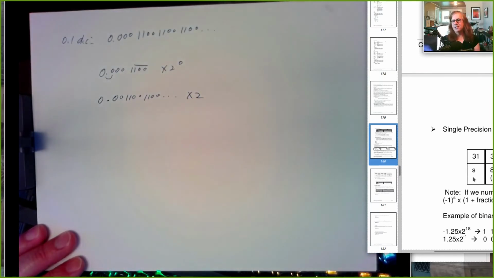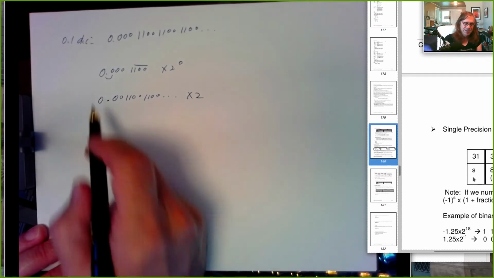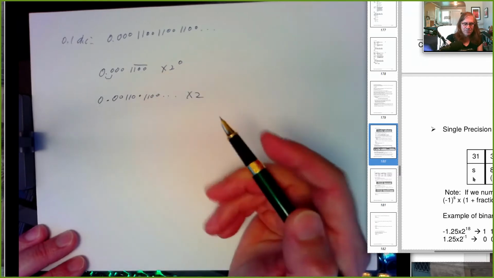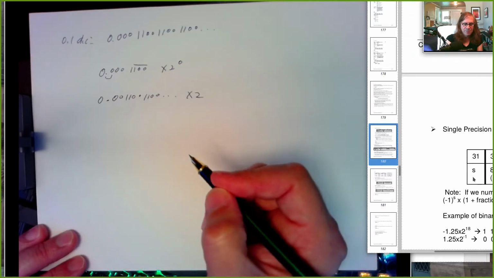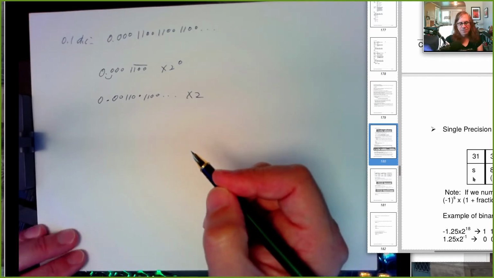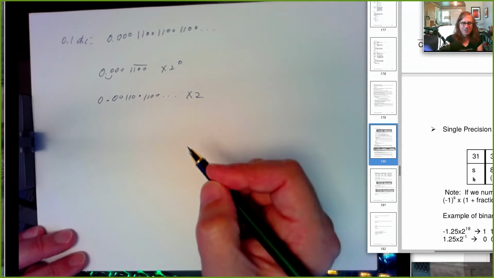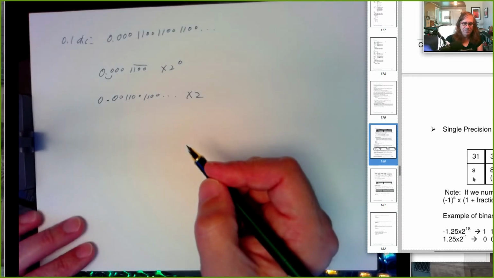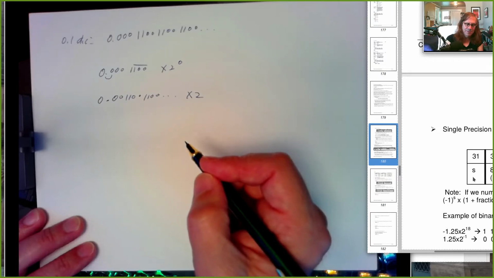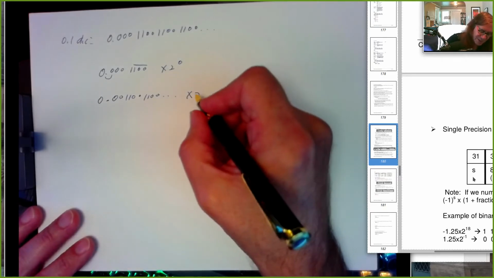And here's a question that none of us ever know for sure. If I move the decimal point to the right 1 spot, do I increase or decrease the exponent? You've got a 50-50 chance. You go to the right 4 places. What do I do to the exponent? You subtract down.